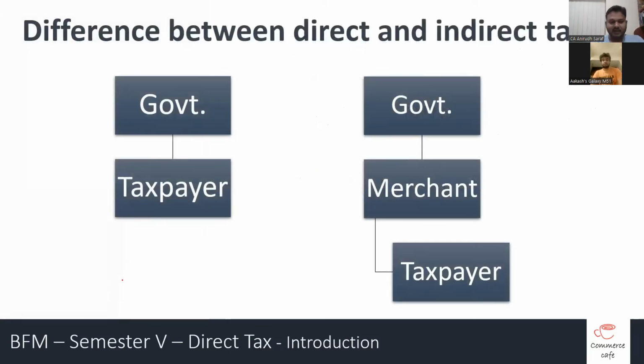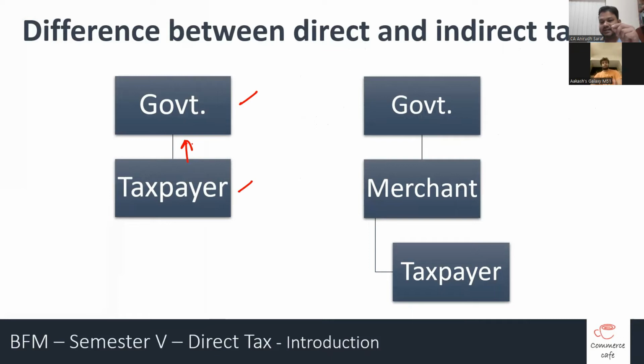The reason is this. In the first case, who's imposing the tax on you? That is the government. And who's the taxpayer? You. When you earn any income, a portion of that you pay to the government directly. So there is a direct payment from the taxpayer to the person imposing the tax, that is the government.